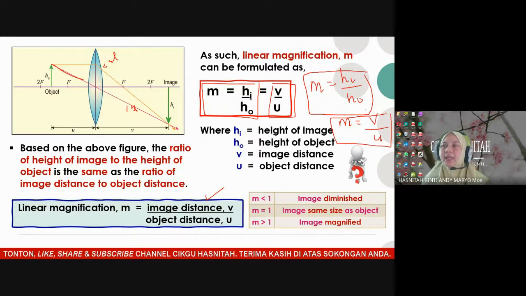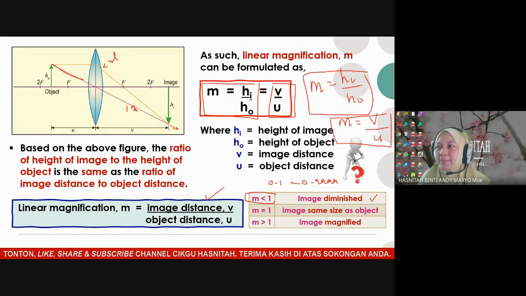Later when you calculate the value for M, if the value is less than 1, meaning 0.1 to 0.99999, it shows that the image is diminished.